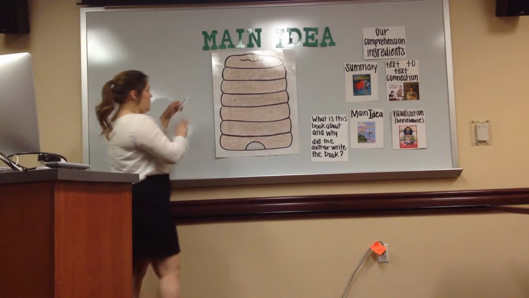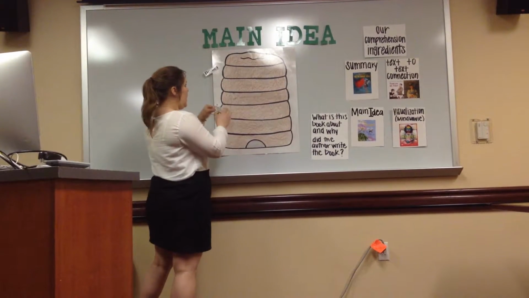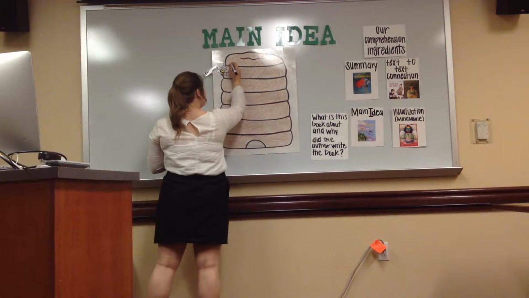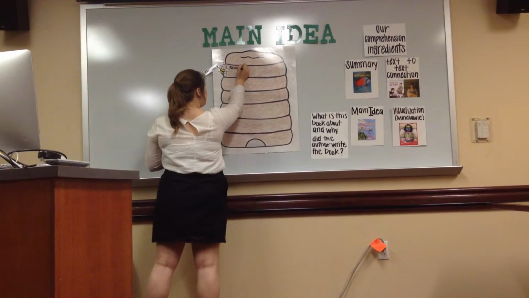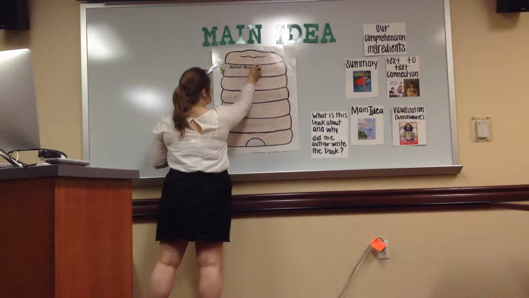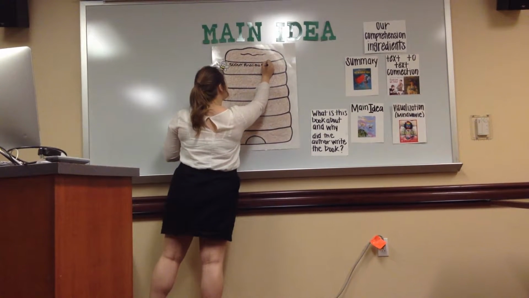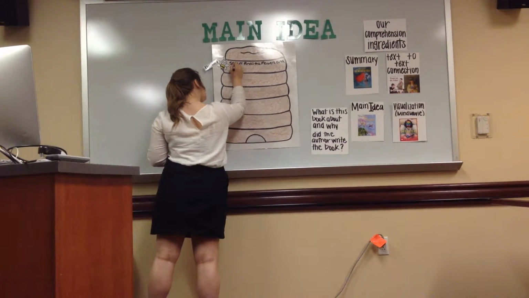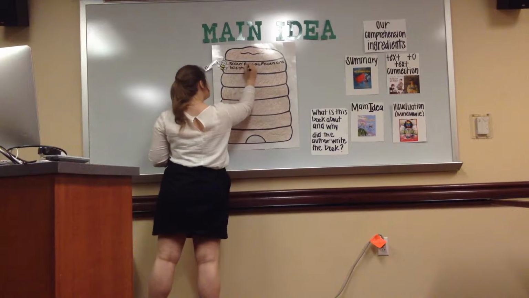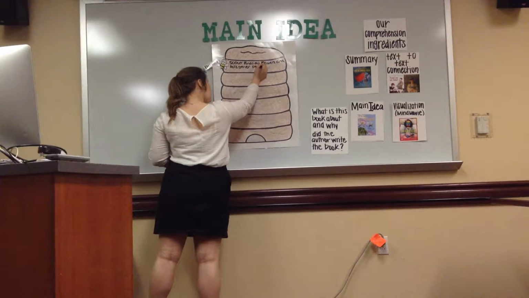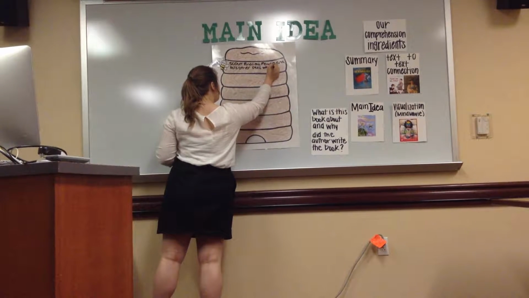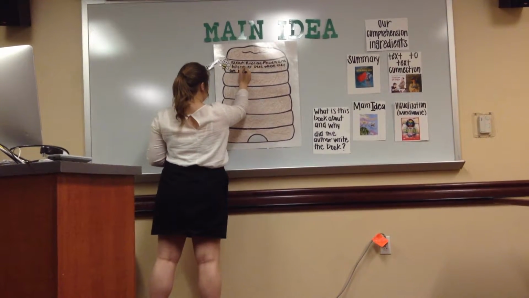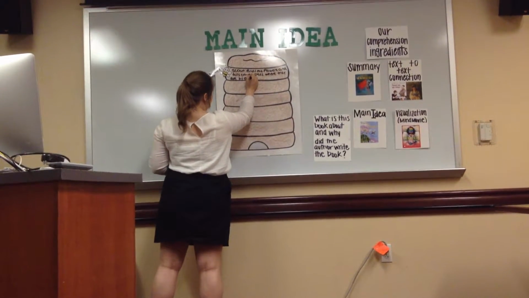So we're going to put our detail 1 on our beehive with a honeybee, and we're going to say that the scout finds the flowers and tells the other bees where they are by doing a dance. So by dancing.